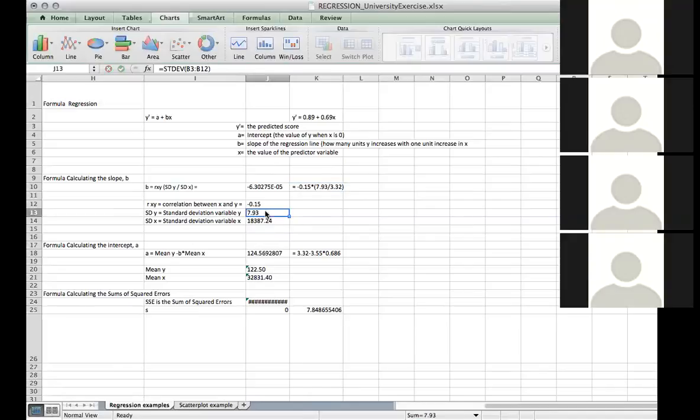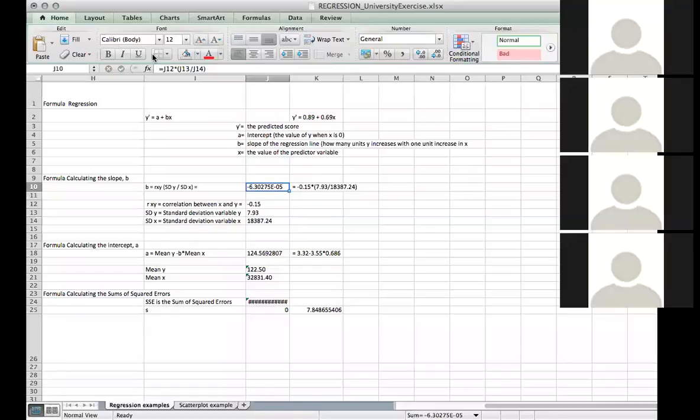That's this value right here, times 18, divided by 18,387.24. All right. And this here is the formula, right? So you see the beta is a very small number. It's a very small number.